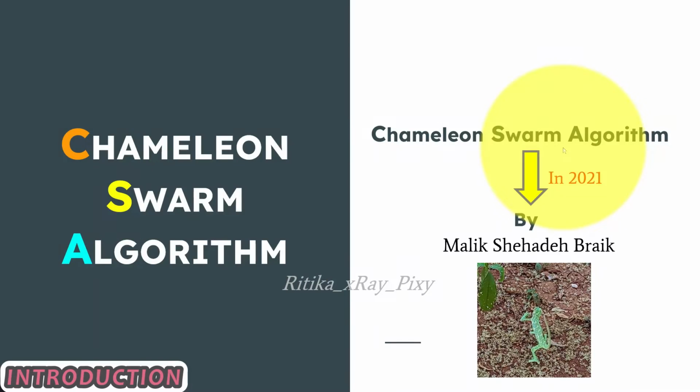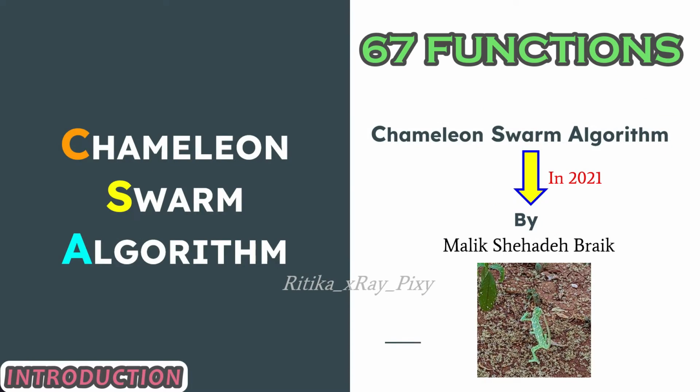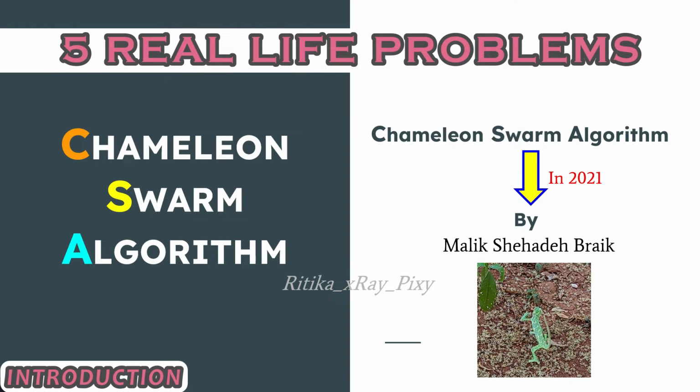This algorithm's performance is tested using 67 different benchmark test functions that include unimodal, multimodal, and hybrid functions, and it is also applied to solve 5 different constrained real-life engineering design problems.